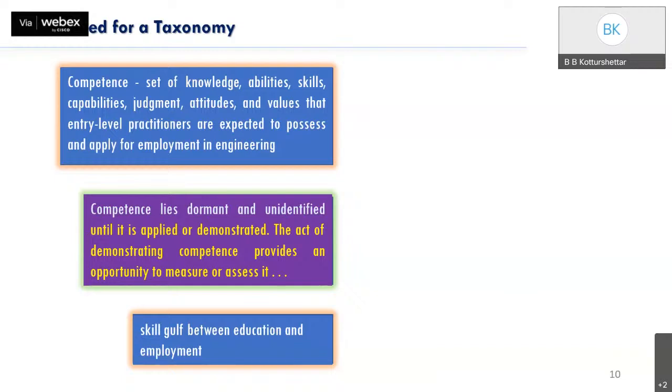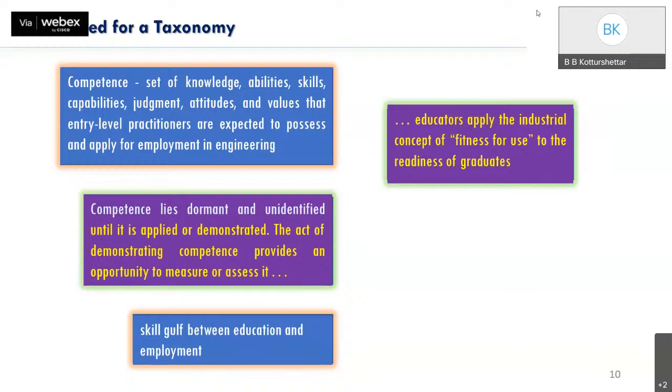In the past the institutes never bothered to know what the employers want, and employers didn't bother what to ask from the educational institutes. That's why there was a skill gulf. Now, this taxonomy should help us understand the expectations and also how to deliver those expectations.